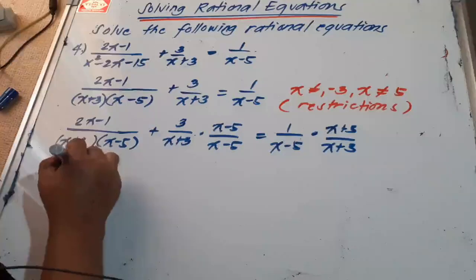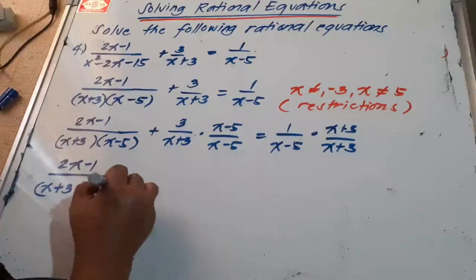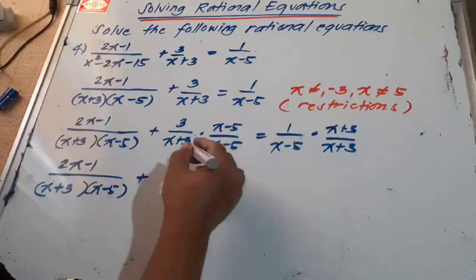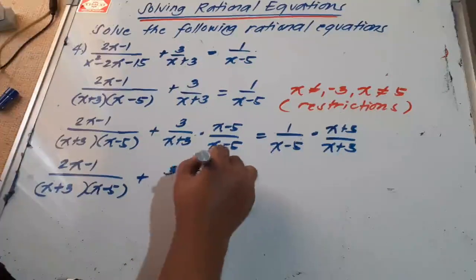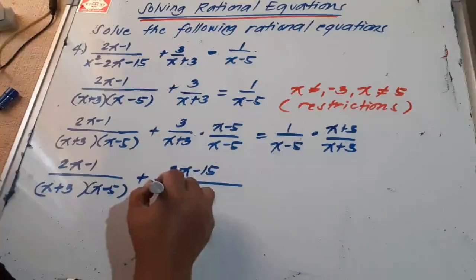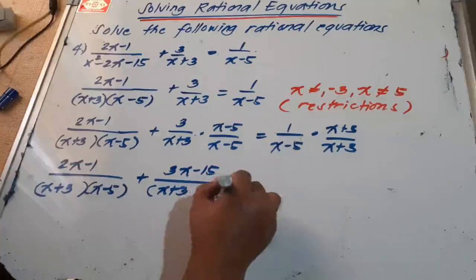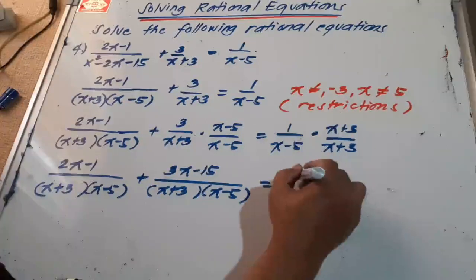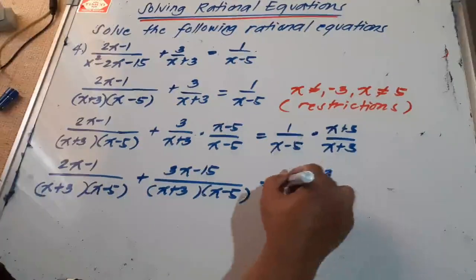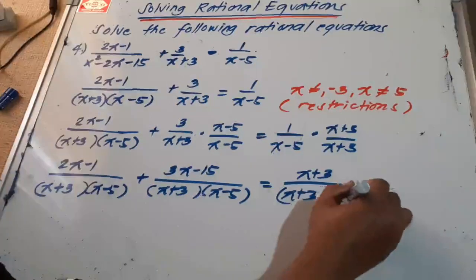So we have 2x minus 1 over x plus 3 times x minus 5. Ano nangyari dun sa isang rational expression? We have 3x minus 15 all over x plus 3 and x minus 5. Sa kabila, we have 1 times x plus 3 is x plus 3, over also x plus 3 and x minus 5.